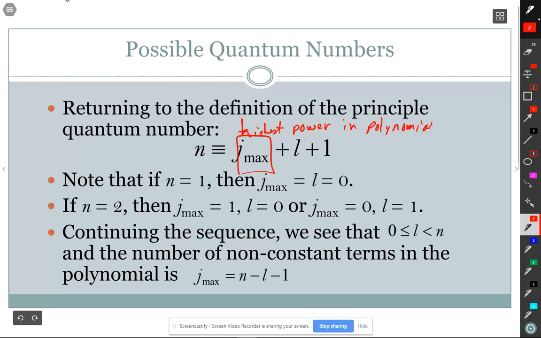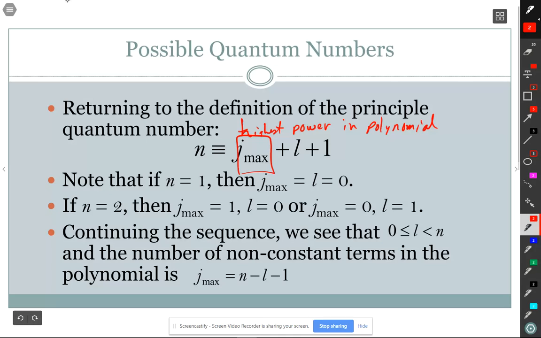So what's the lowest power you could have in a polynomial? 0. Yeah, you could just have a constant. And so if J is 0, then you have N is equal to L plus 1. We already established that L can go as low as 0.